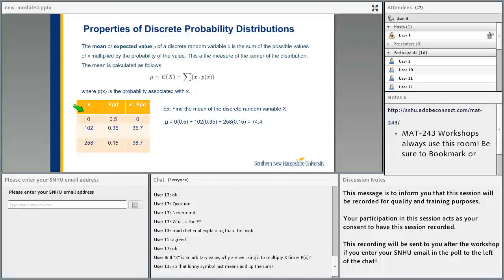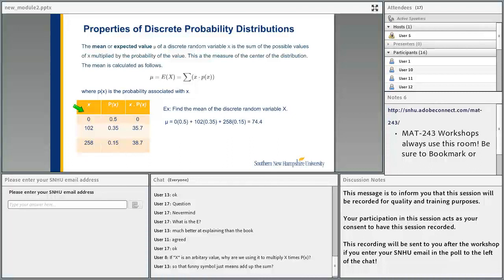So X is an arbitrary value. In my case, I picked three values. It doesn't have to be these numbers. It can be anything. For example, let's say I'm rolling a die. I have some values for my discrete random variable X, right?